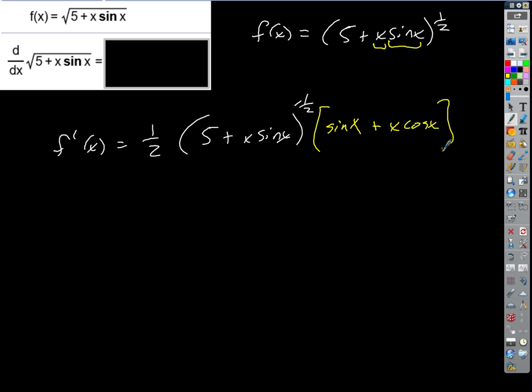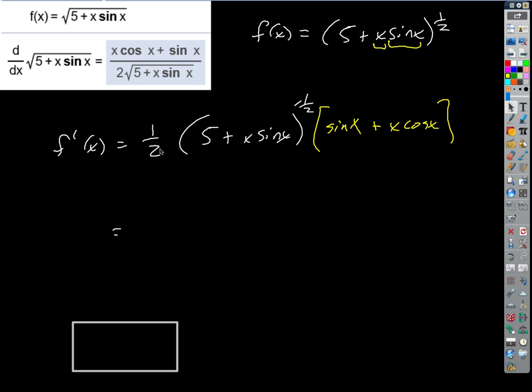The only thing we'd really need to do here, and I honestly think you could leave it like that, but ideally we'd put the 2 on the bottom, the square root goes to the bottom, and just that stuff stays on top. In the future, you will need to make it look like that.